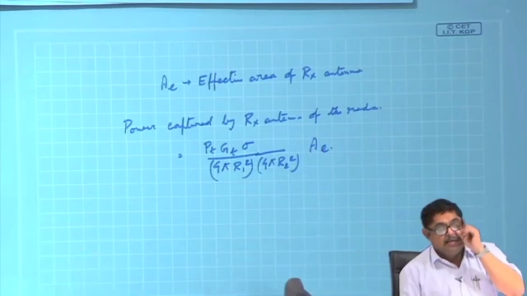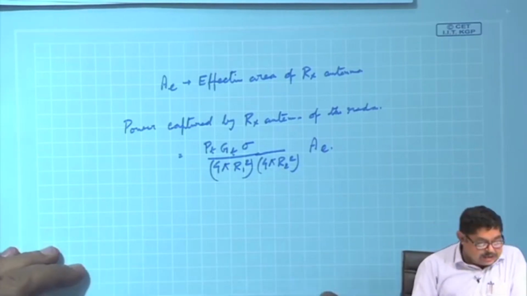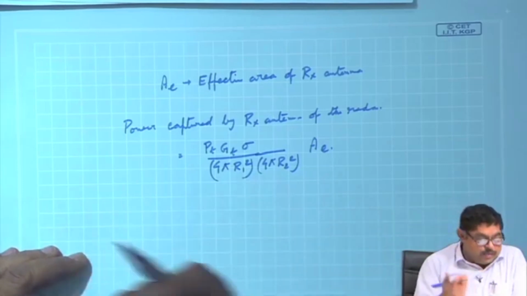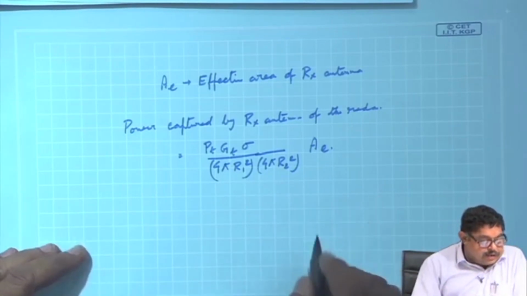And we assume that this again is a microwave antenna, a lossless antenna. So, this whole power will be given to the receiver.